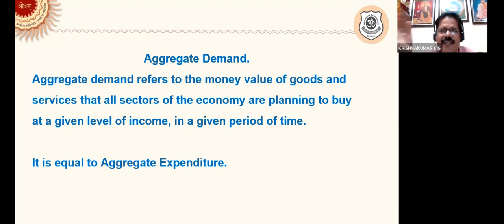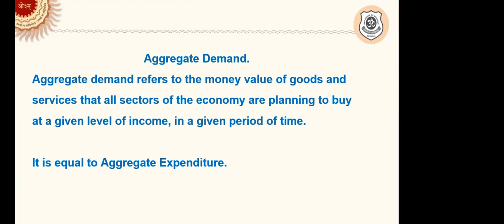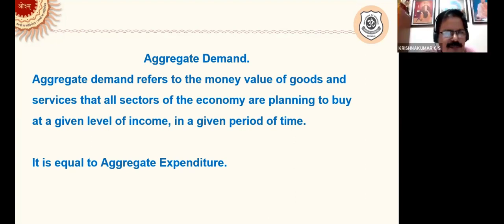Instead of just telling them these are the features of aggregate demand, you can try to get the features from them. That will actually help them to think and come out. Aggregate supply we will go on to later, ma'am. Regarding aggregate demand, what questions can be asked?